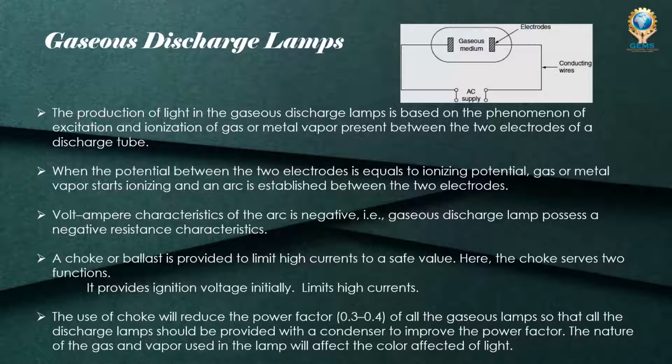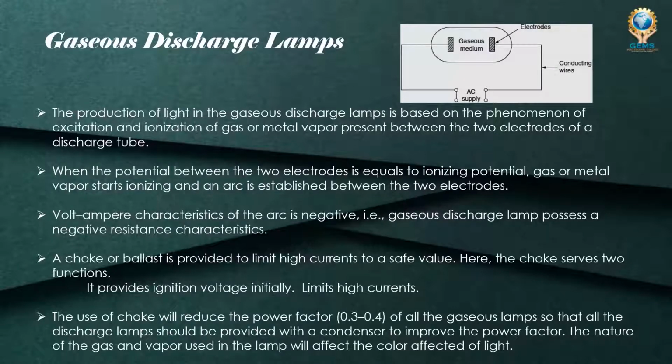If the metal vapor or gas in the discharge tube is ionized, then the light will be produced. When the potential between the two electrodes is equal to the ionizing potential, the gas or metal vapor will start ionizing, and then the arc is established between the two electrodes.